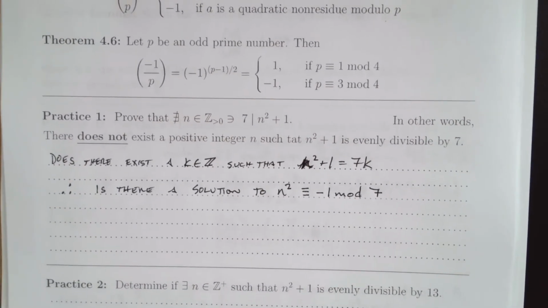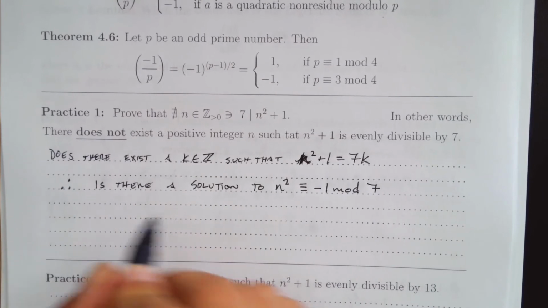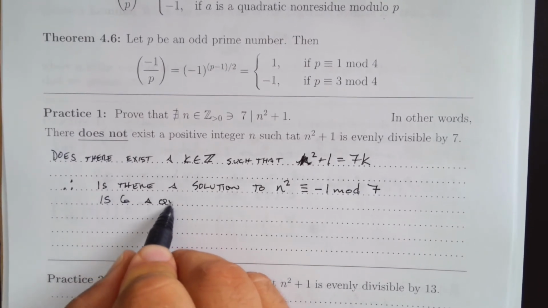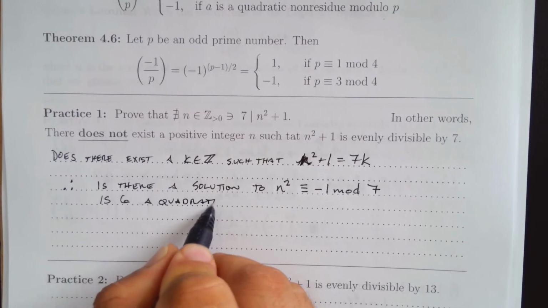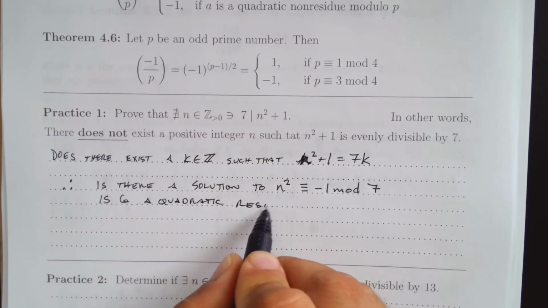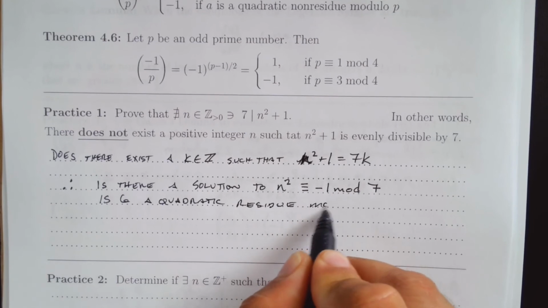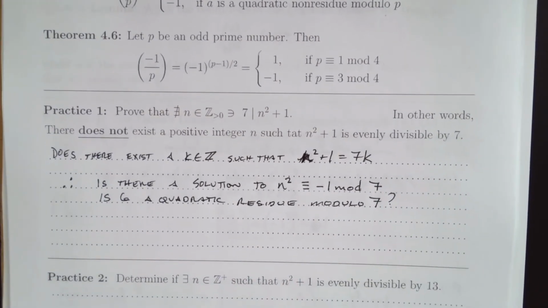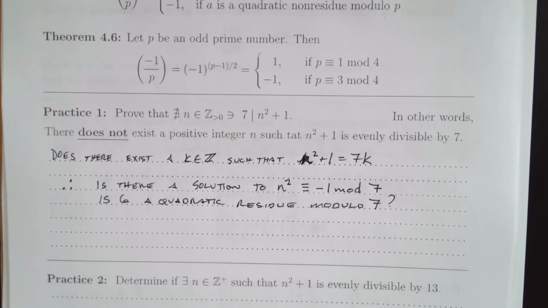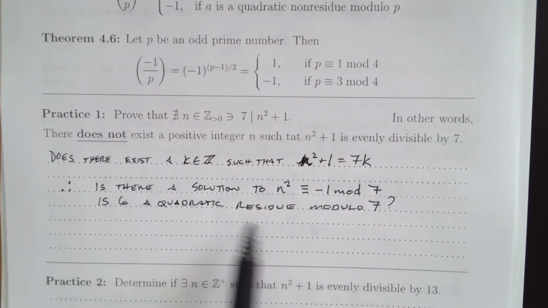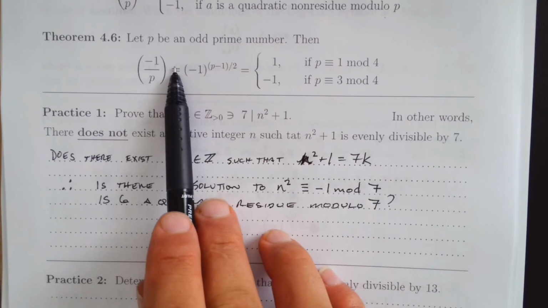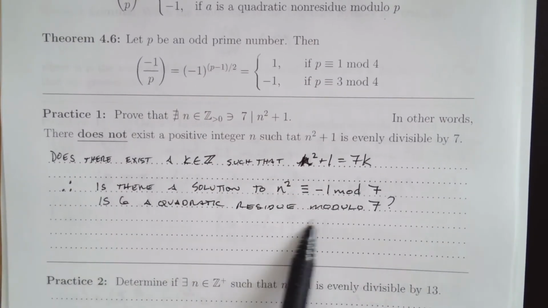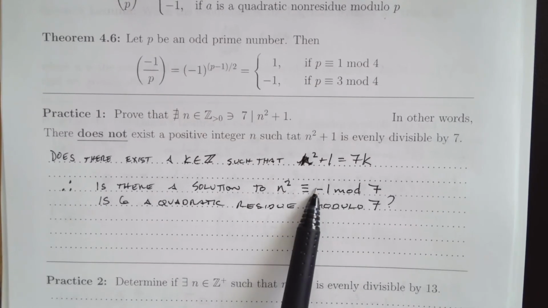So in other words, is 6 a quadratic residue modulo 7? Is 6 a quadratic residue modulo 7? Now what's useful for us is, because of this theorem involving -1, rather than ask if 6 is a quadratic residue modulo 7, we'll work with -1.